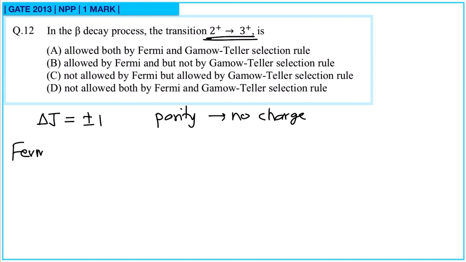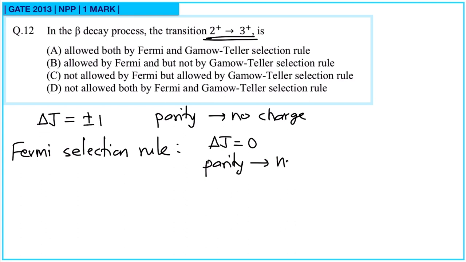Now we have Fermi selection rules. So according to Fermi selection rule, delta I is equal to 0 and for parity there is no change. And we have Gamow-Teller selection rules.